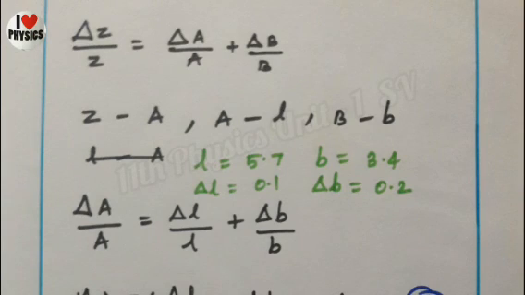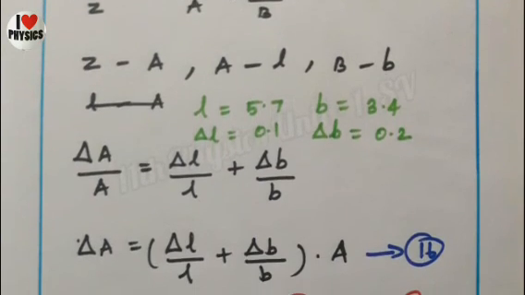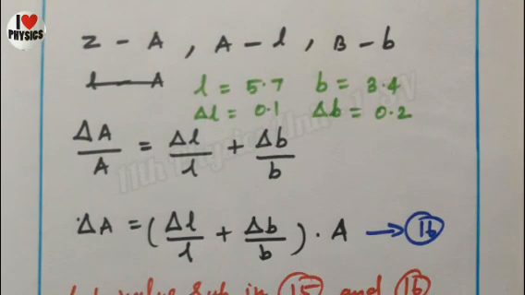And the error is del A, and its formula from the error of the product of two quantities is del Z divided by Z equals del A divided by A plus del B divided by B. Here Z is A, A is L, B is small b. So L equals 5.7 and B equals 3.4, del L is 0.1 and del B is 0.2.